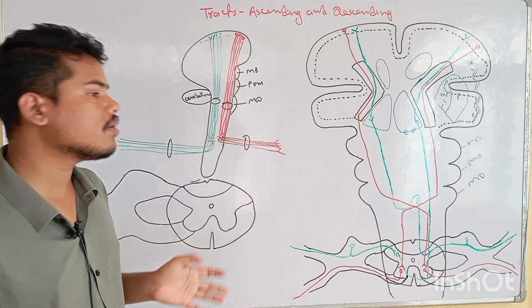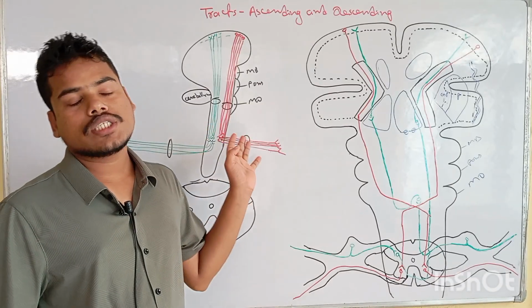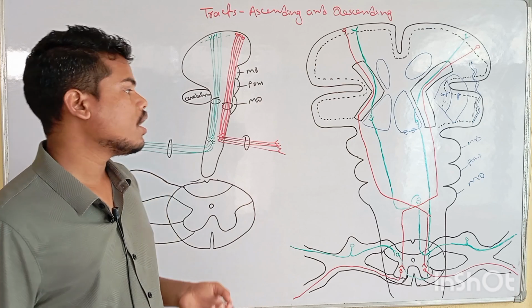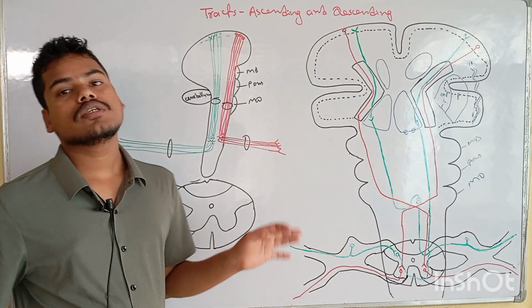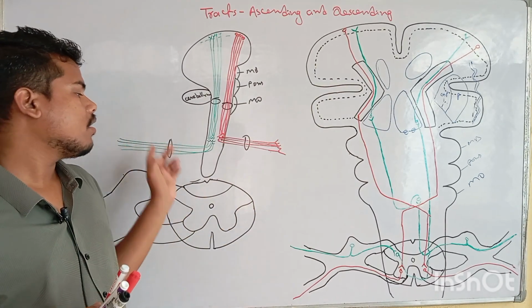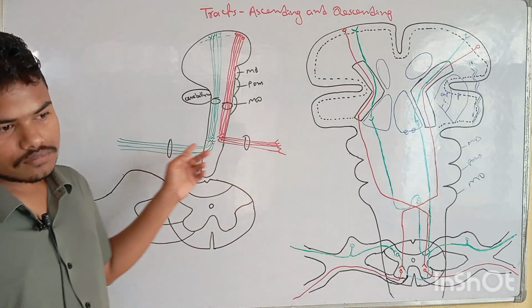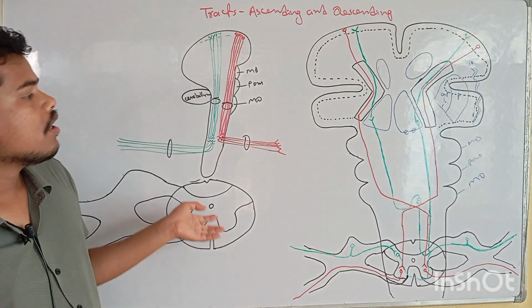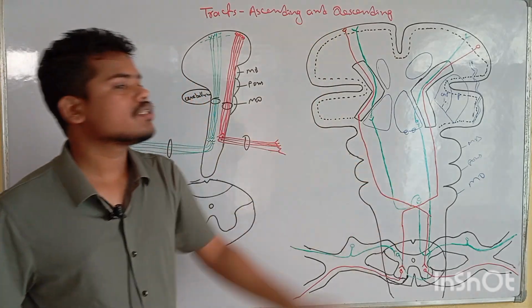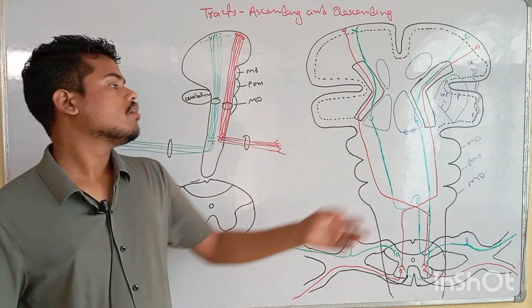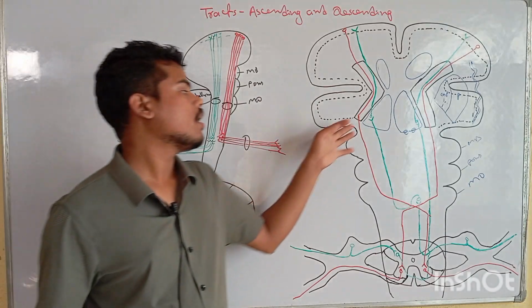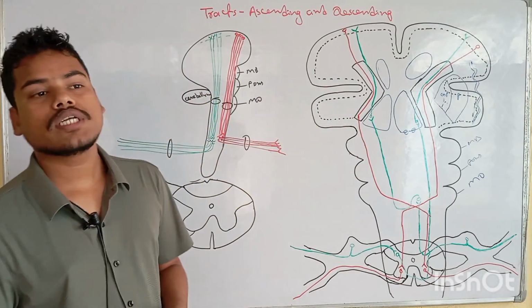In the sensory system, general sensations and special sensations: what they are, why they are called so, and their distinguishing point. I have also mentioned the somatic sensations and visual sensations. In the same way, in the motor system, I have talked about two types of response, mainly the voluntary and involuntary response.